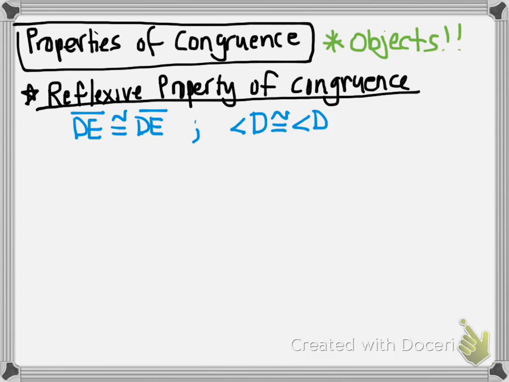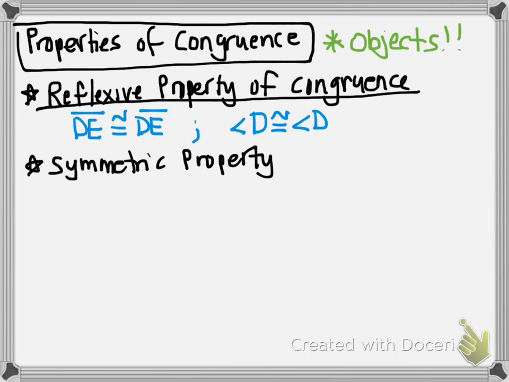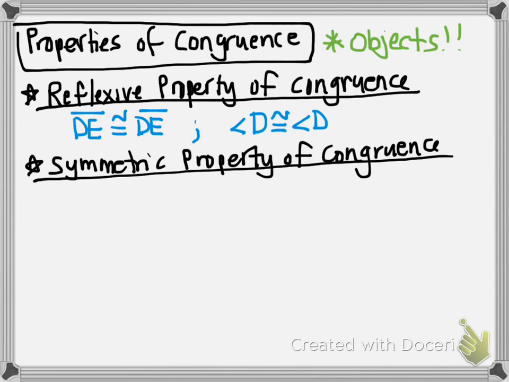Okay? And then we've got the symmetric property of congruence. And again, this talks about relationships between objects that we know are congruent.